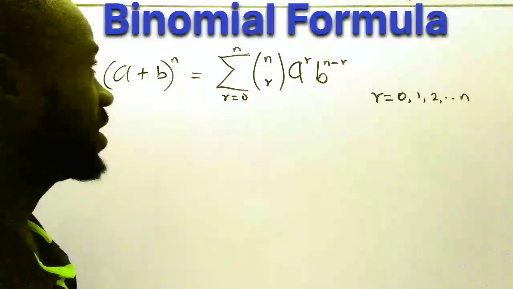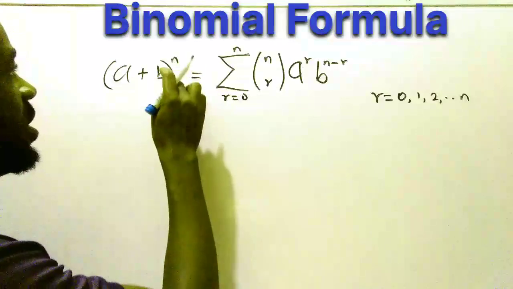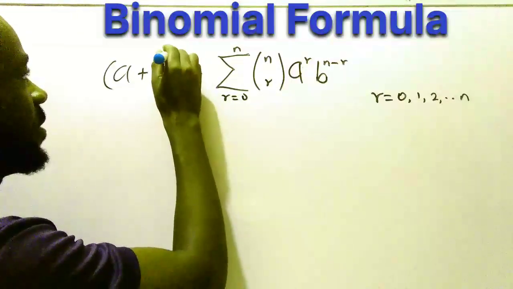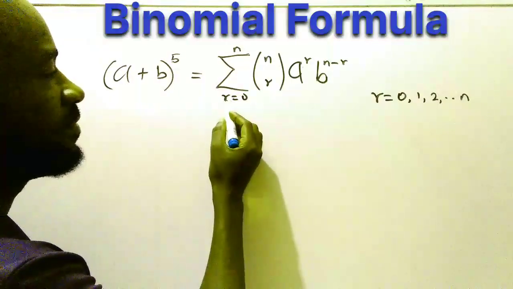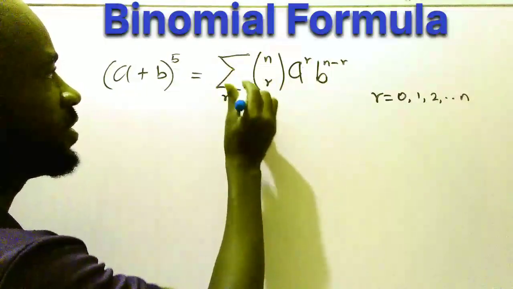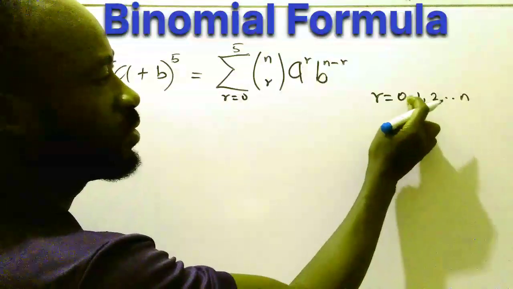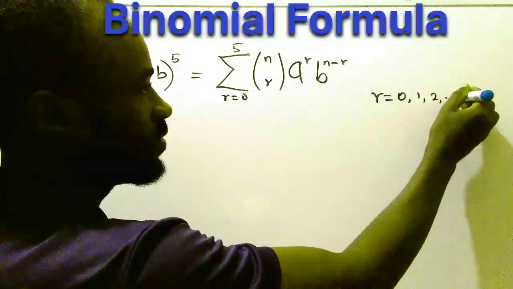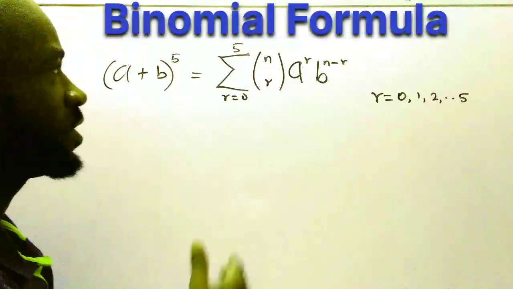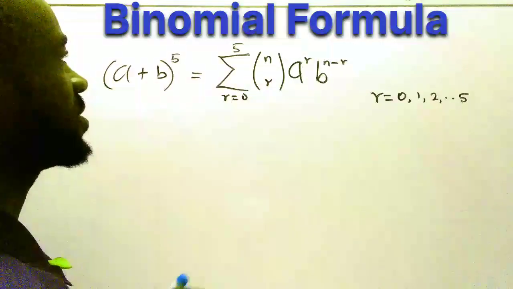So if, say, n here is 5, then it's telling us that the value of r will move from 0 to 5, which means r will take 0, 1, 2, 3 down to 5. Okay, so that is what this formula is all about.